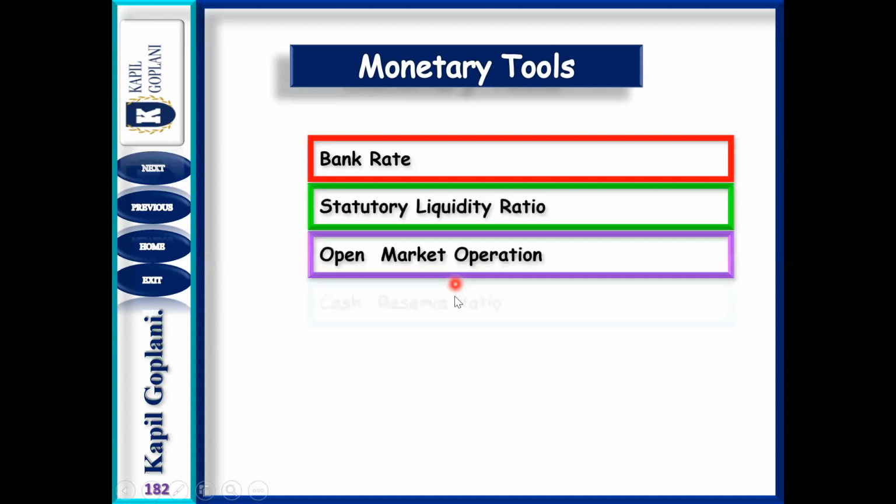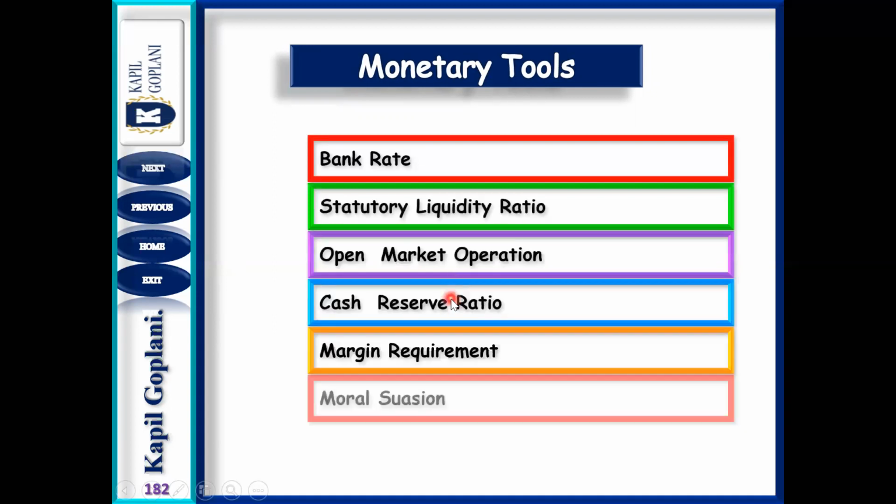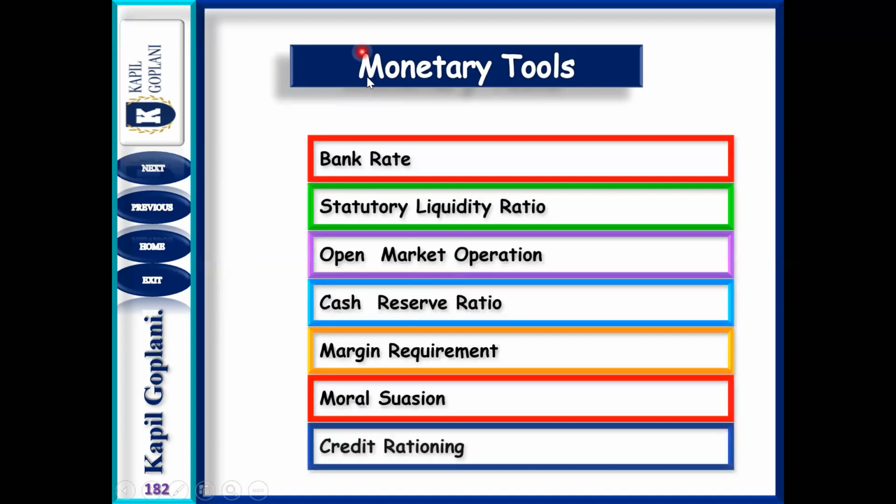Now, you have already studied these in the money supply chapter. If you remember, quantitative and qualitative tools: bank rate, SLR, open market operation, cash reserve ratio, margin requirements, moral suasion, credit rationing. The last three are qualitative tools, which we have studied in money and banking.